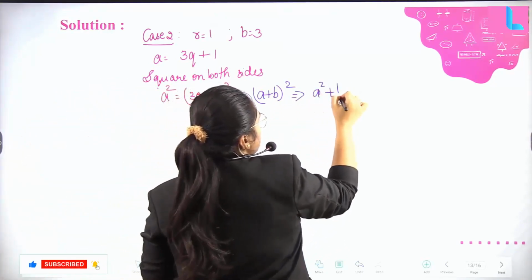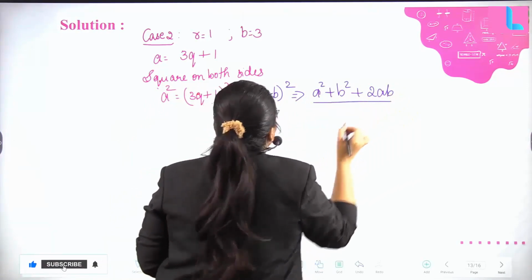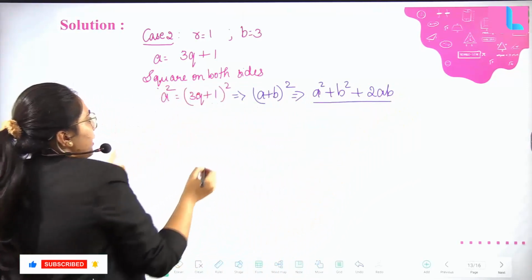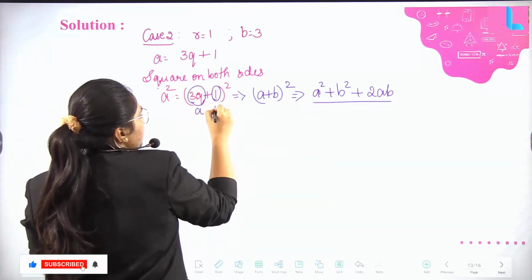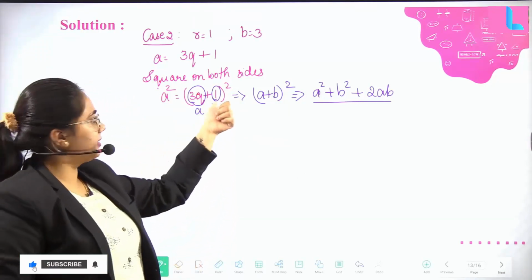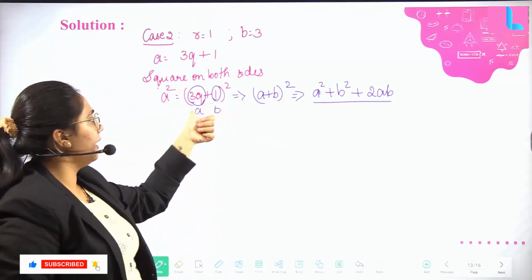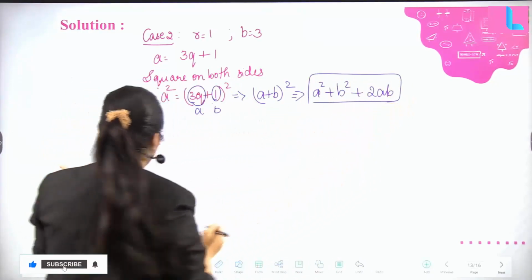a plus b the whole square is a square plus b square plus 2ab. You have to substitute. Here the value of a is 3q and the value of b is 1, and all you have to do is substitute in this formula.